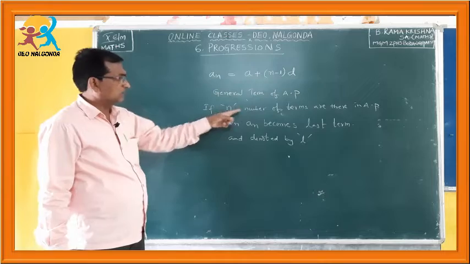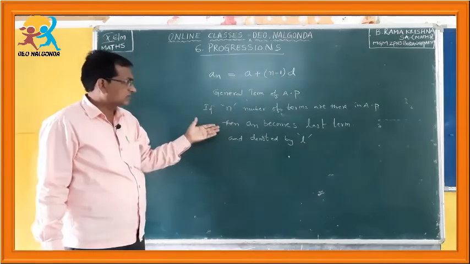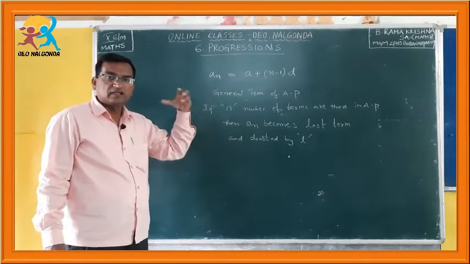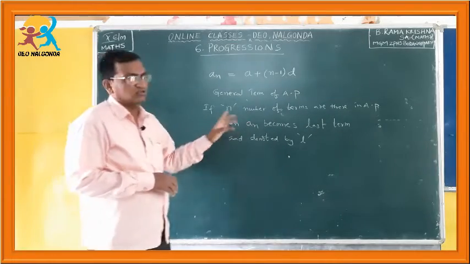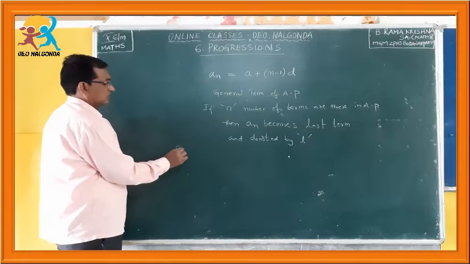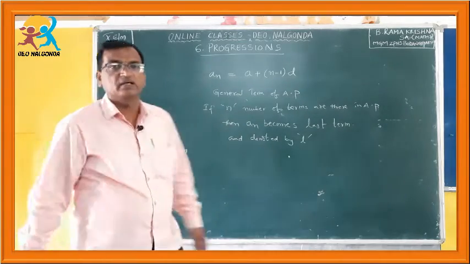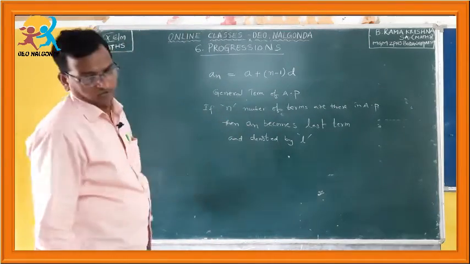If only n number of terms are there in that AP, then that becomes the last term. If m number of elements are there in that AP, what is the last term? Am. Depending on the terms, that becomes the last term.